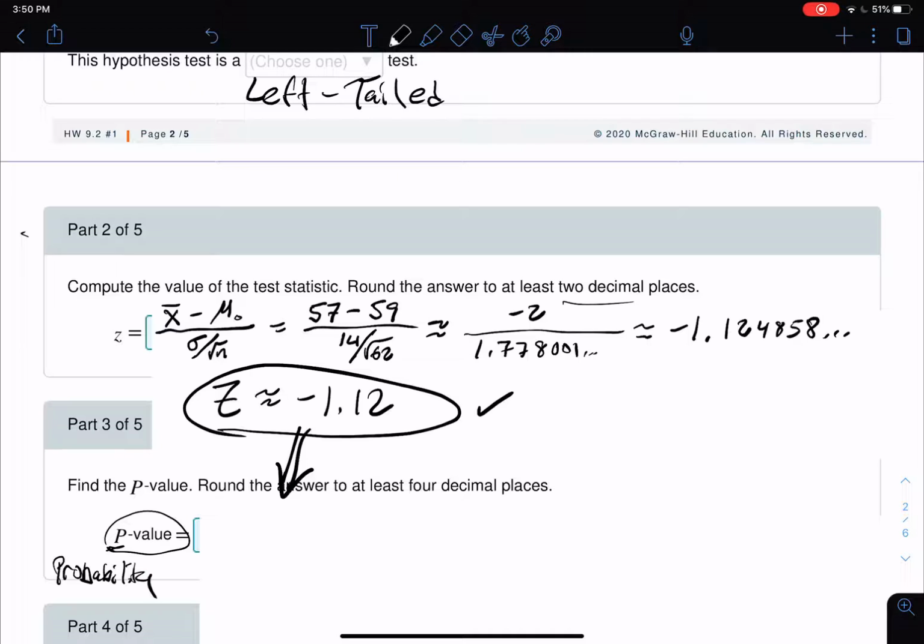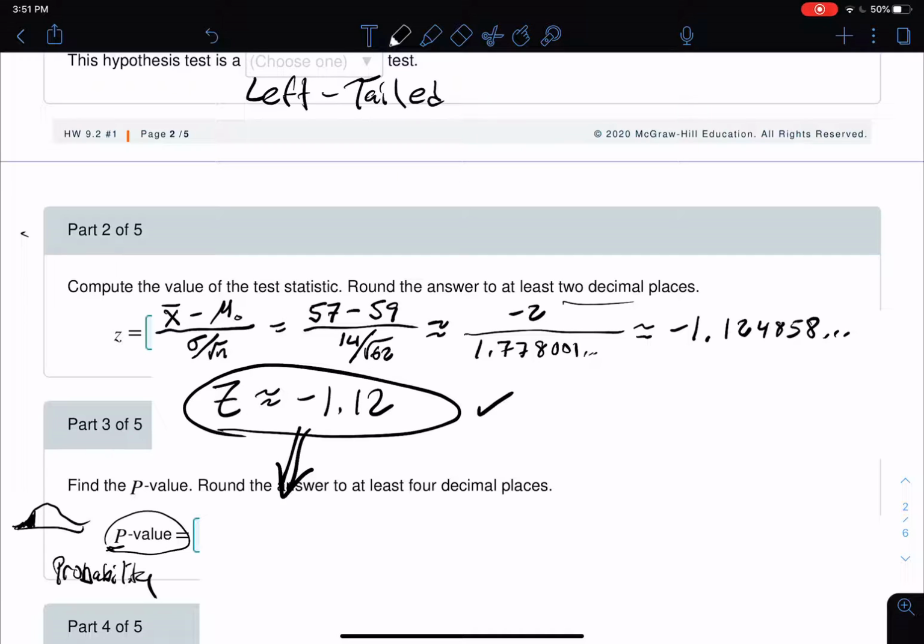And probability, remember, when we're talking about the standard normal curve, probability or proportion is just the area under the curve. So a p-value is actually the area, okay?